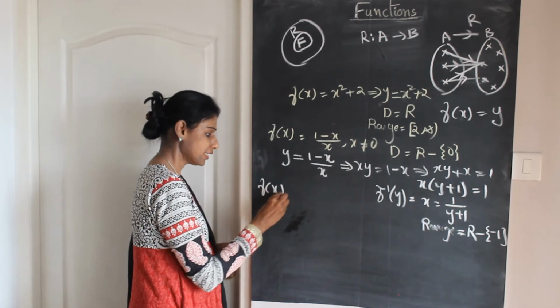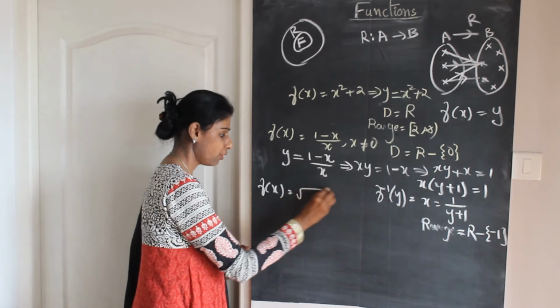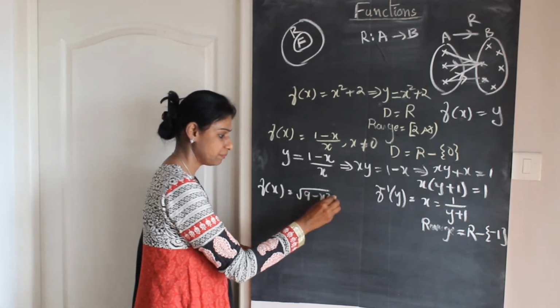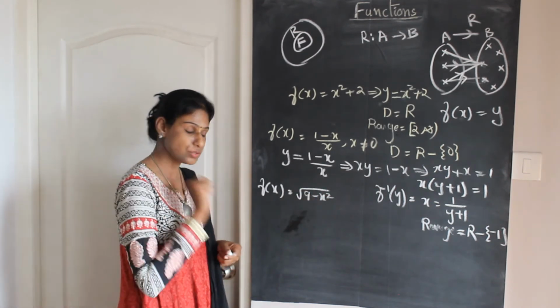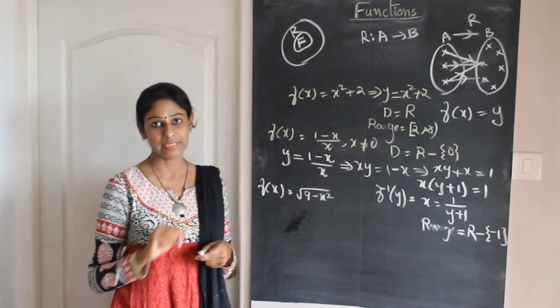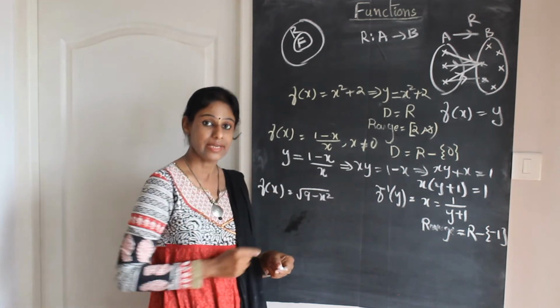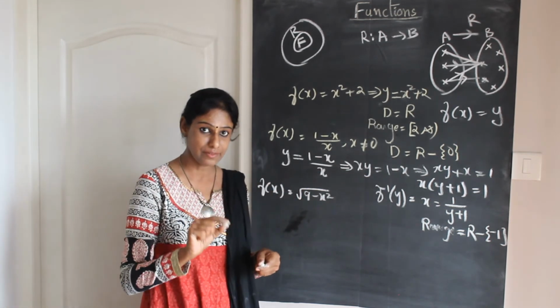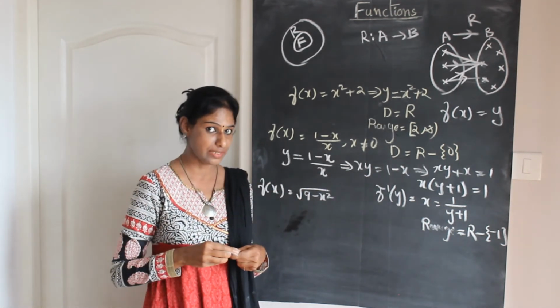Now another example. f of x is equal to root of (9 minus x square). Square root function. Here also a problem comes because root of a negative number is imaginary. So if you get anything inside the root as negative, there will not be any real image.